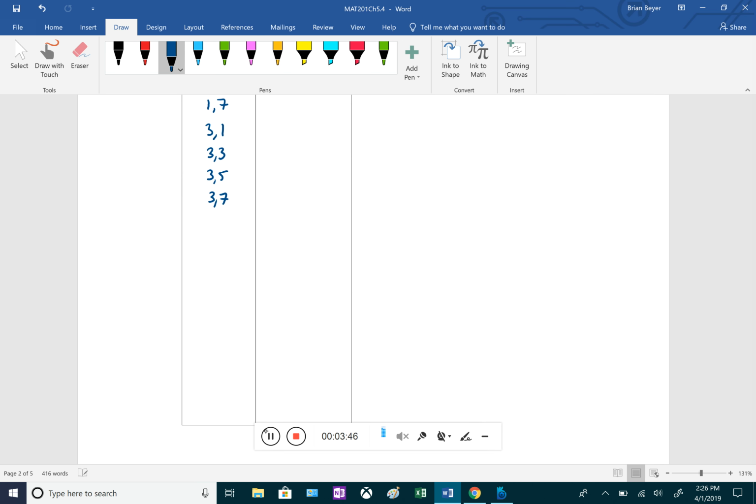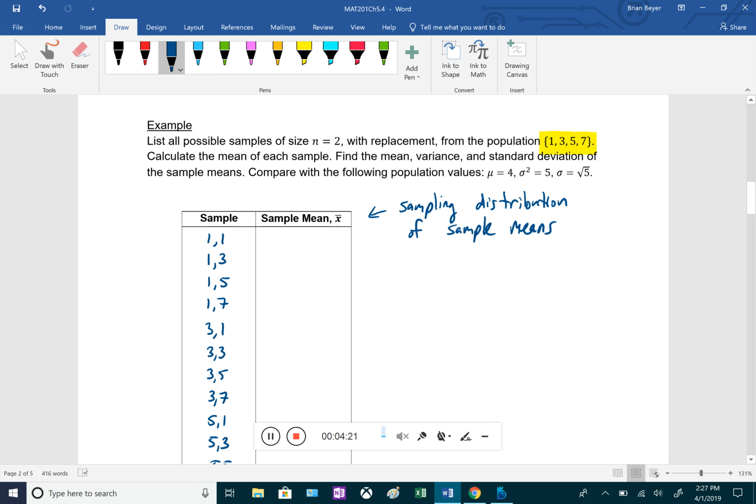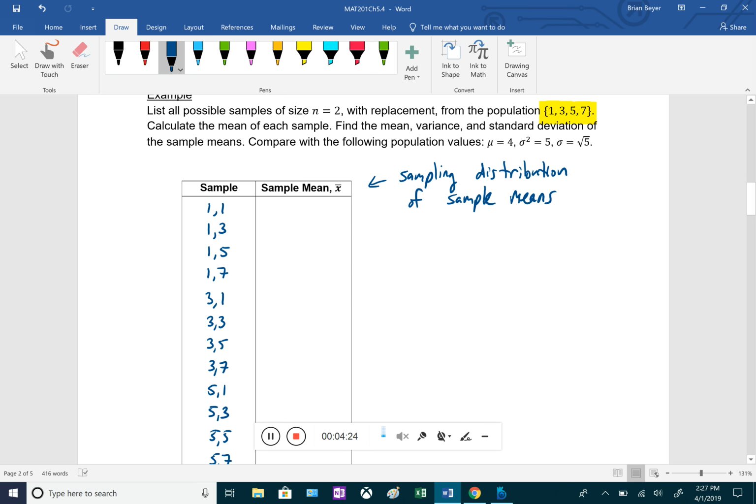Then we can do 5 and 1, 5 and 3, 5 and 5, 5 and 7. And lastly, 7 and 1, 7 and 3, 7 and 5, 7 and 7. All of these are samples, and they're all sample size 2. It's every possible combination of sample size 2 from that original population on the top right of the screen.